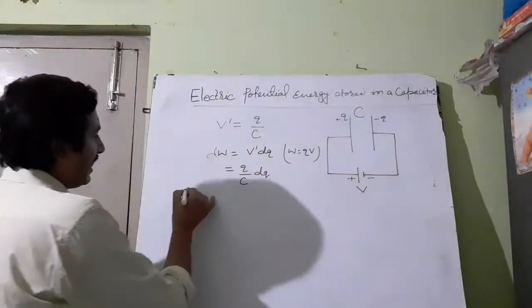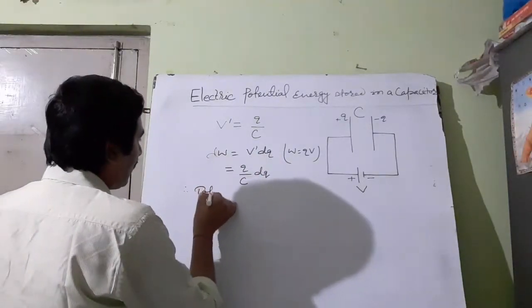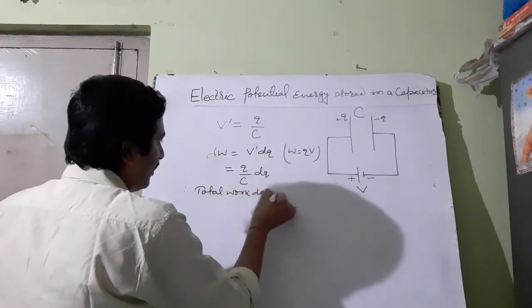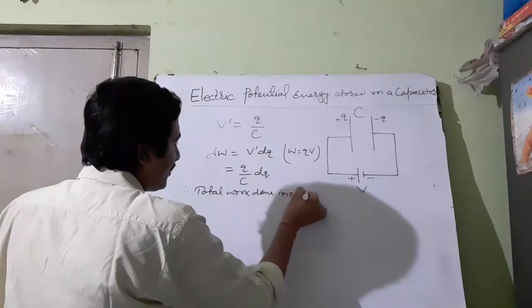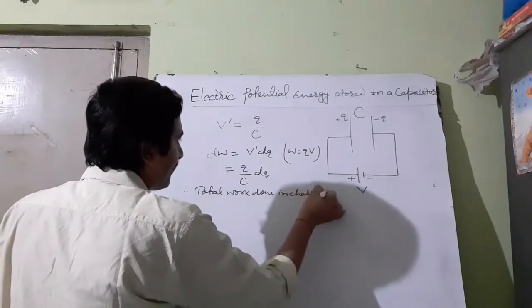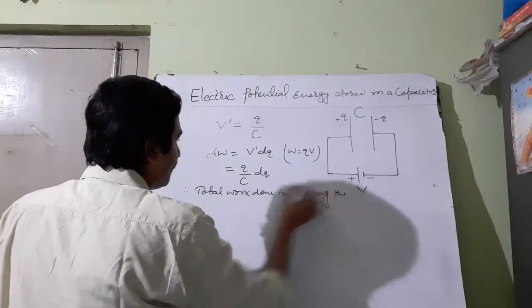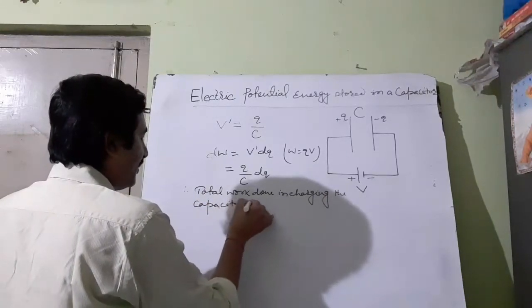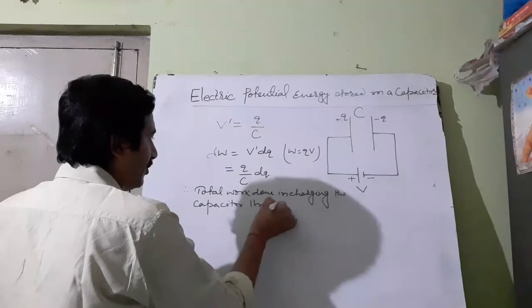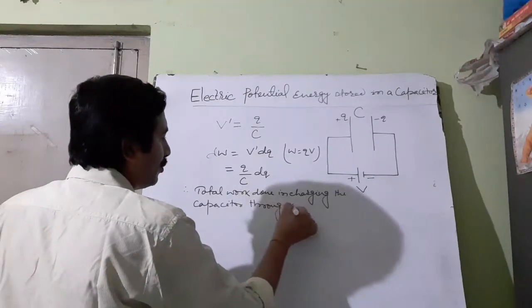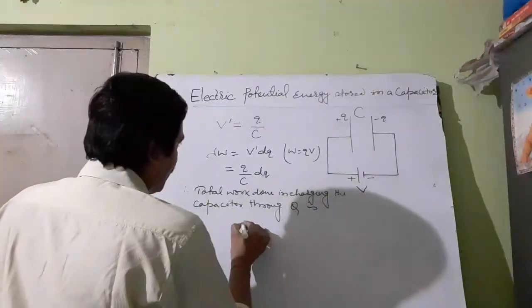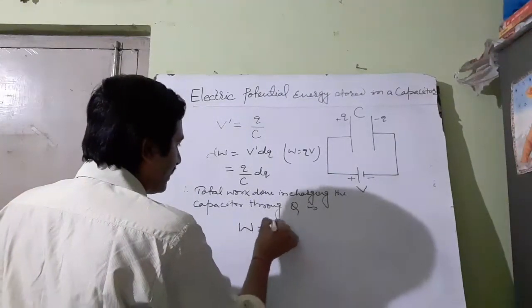Therefore, the total work done in charging the capacitor through Q is W equal to integration of dW.